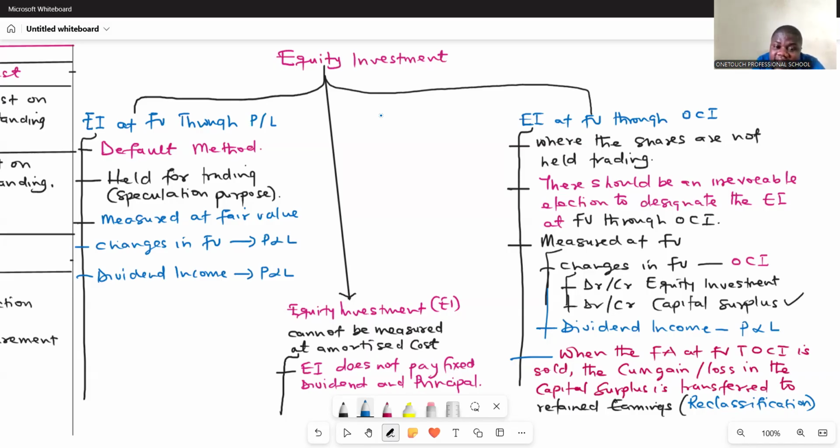I will be sold immediately the owner sees that I will fall in value. I am currently being kept here because he expects me to increase in value. Which financial asset am I? Financial asset at fair value through profit and loss, because it is held for what? Trading. Is that not it?